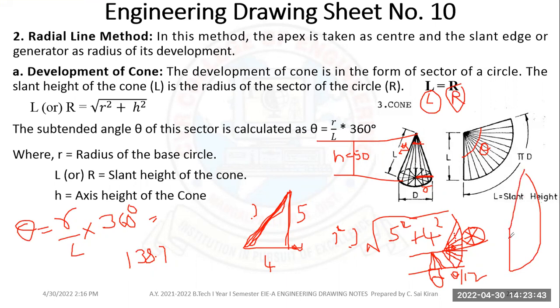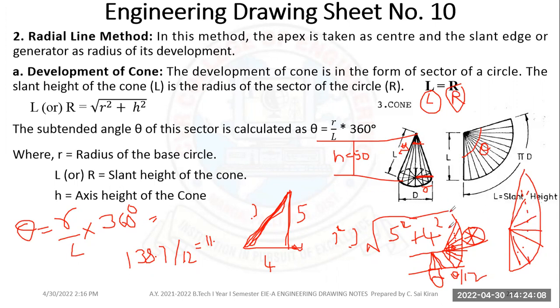Then join this one, and again keep your protractor here, mark the divisions, divided by 12. Suppose dividing by 12 comes as 11 degrees. So 11, then 22, 33, 44, like that. You have to mark the points, and then you have to join all these things. Then you can generate this shape.